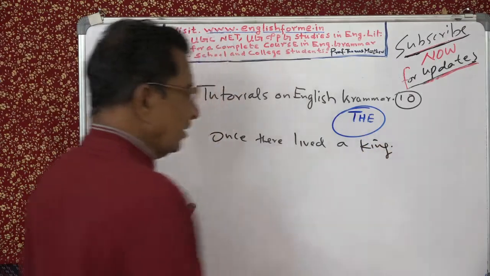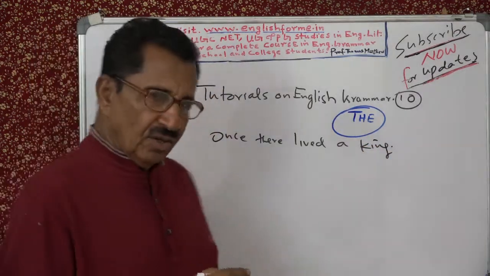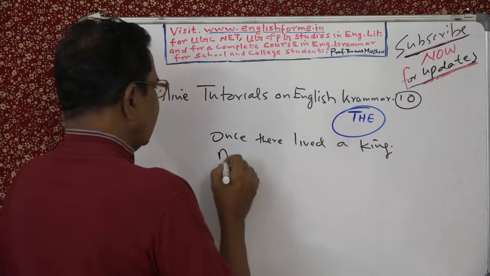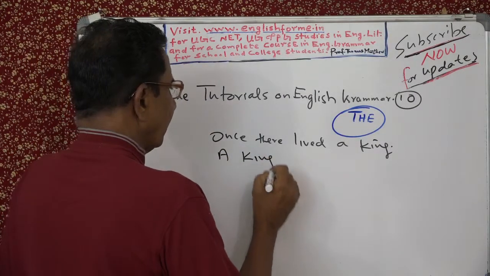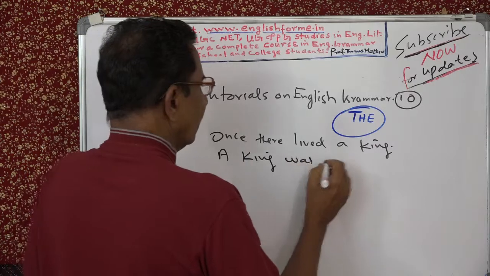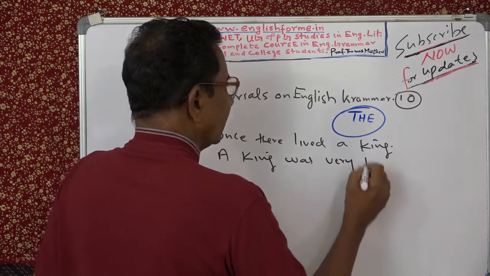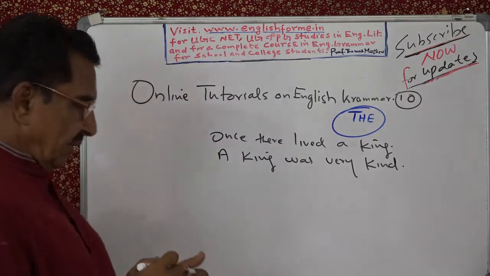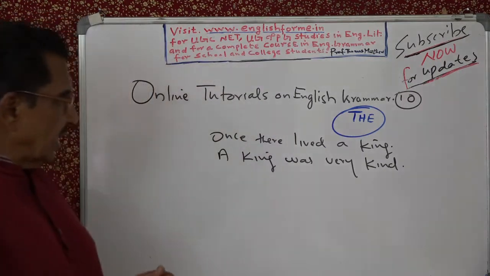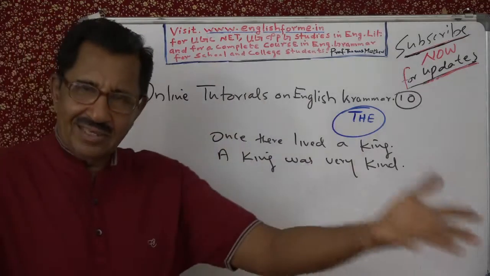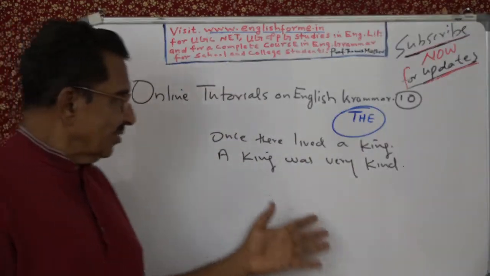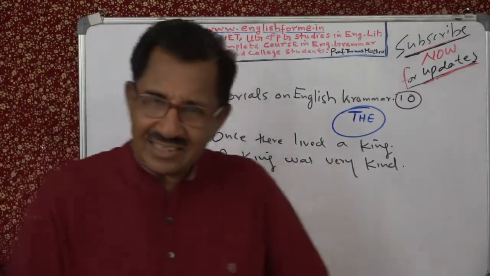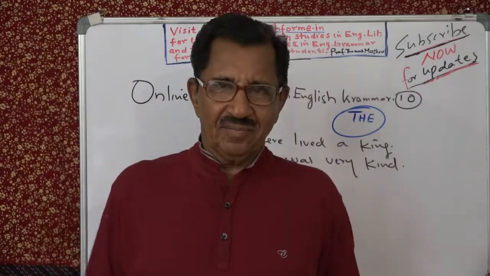Now the second sentence, if you say like this, a king was very kind. What's the meaning? Once there lived a king, that's a separate sentence. A king was very kind. That is another, no connection with this.